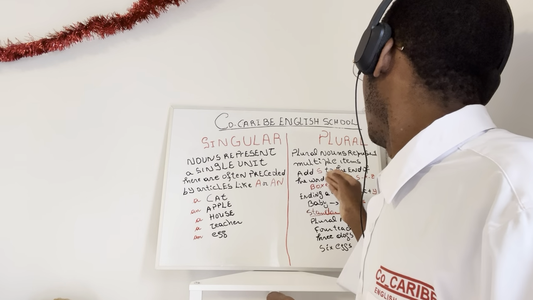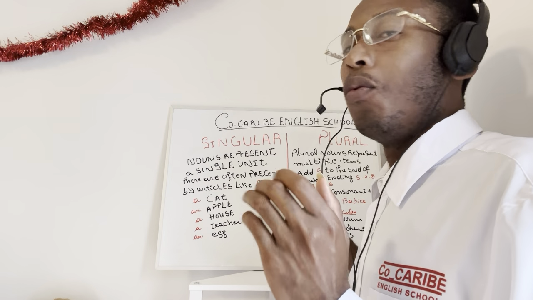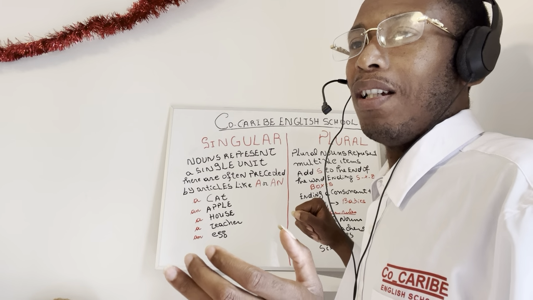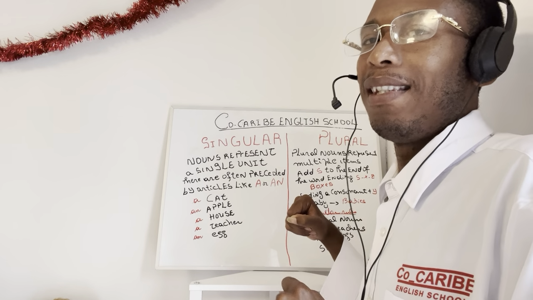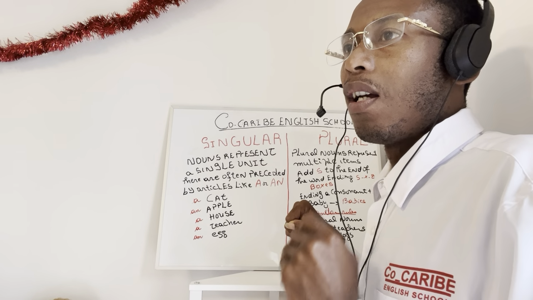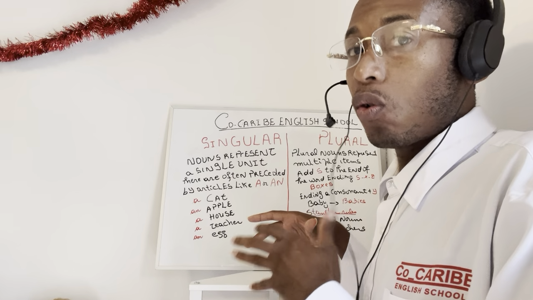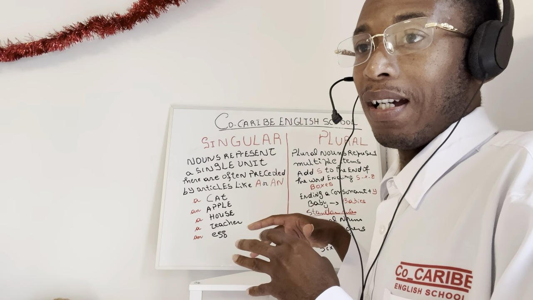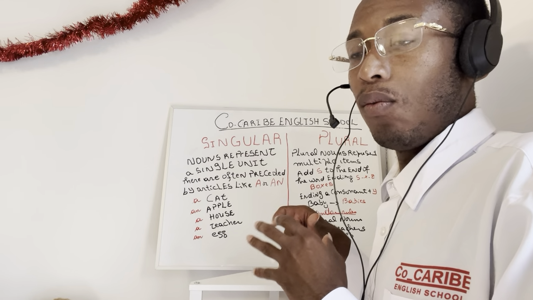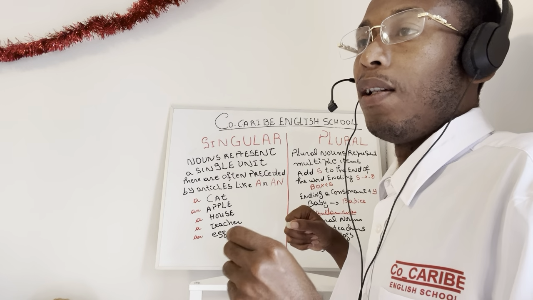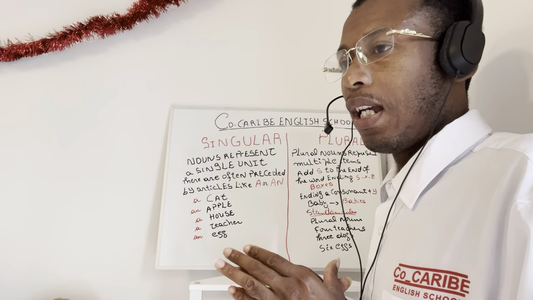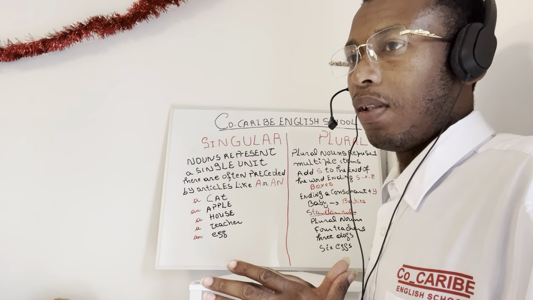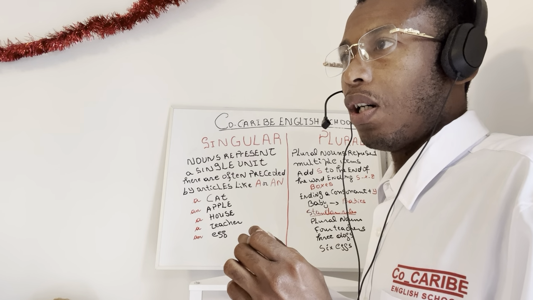In other rules, baby, you have to remove y and put ies at the end because y is a consonant. It's very important. You have to know. I will give you something.